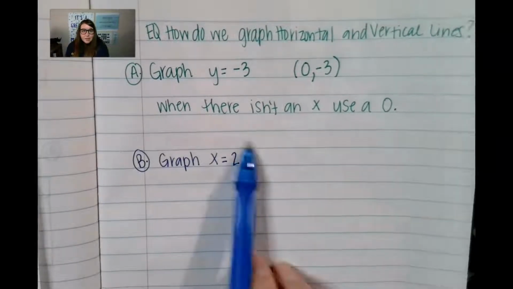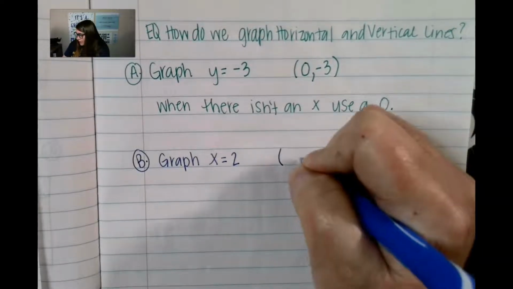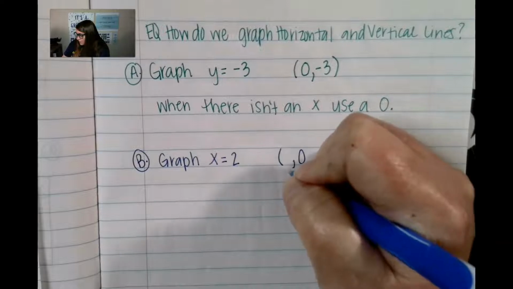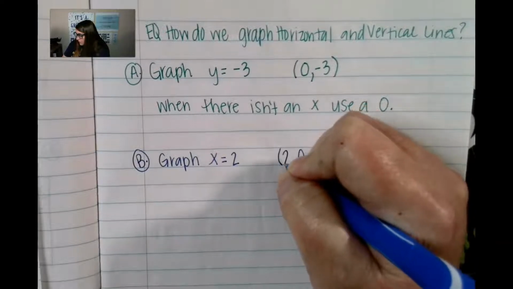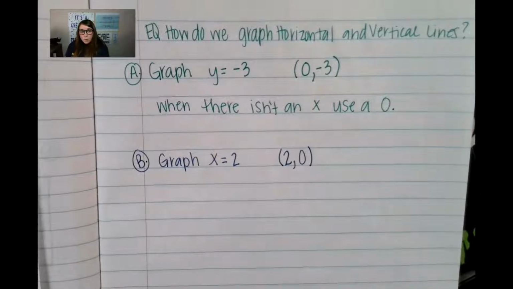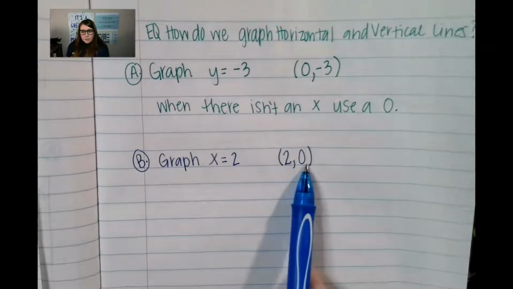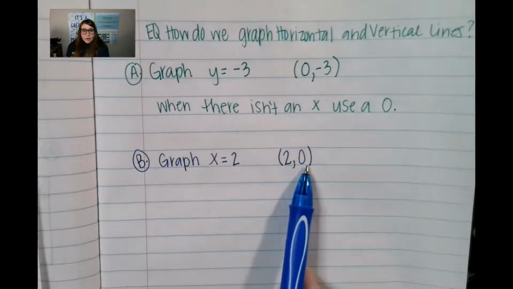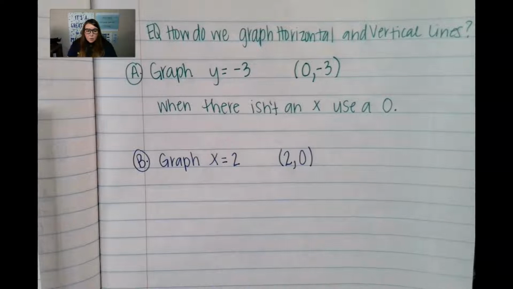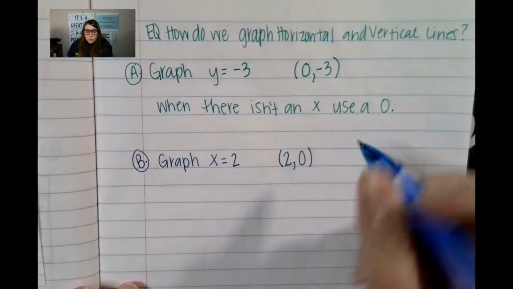It says nothing about y. So because it says nothing about y, our y value will be 0. Our x value will be 2. So the ordered pair that we're going to graph is 2, 0. There are no other values here for x or for y.